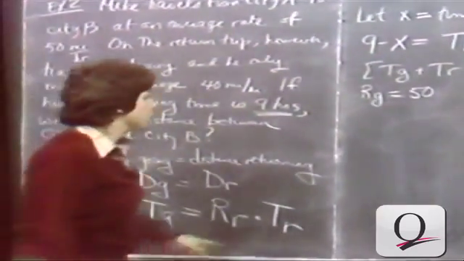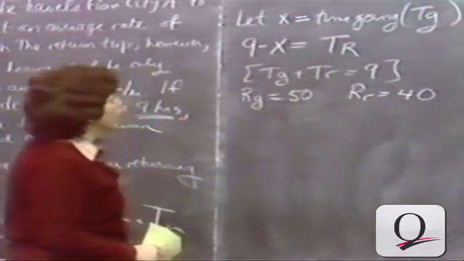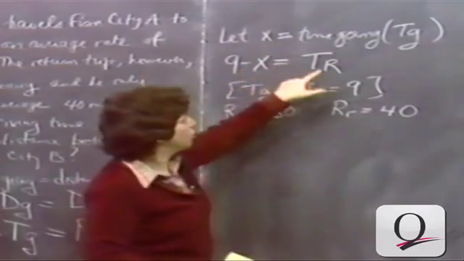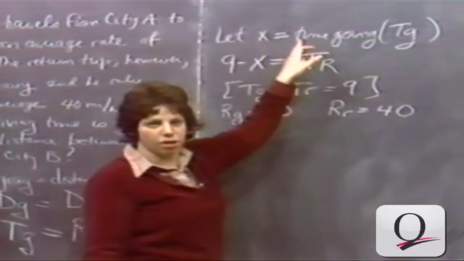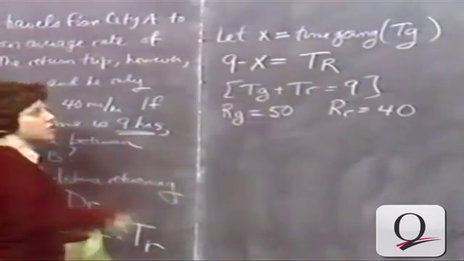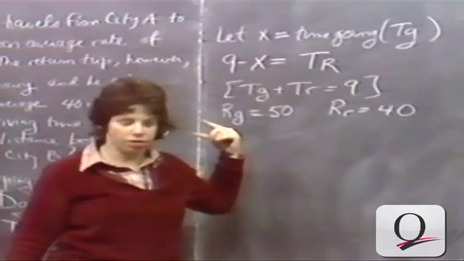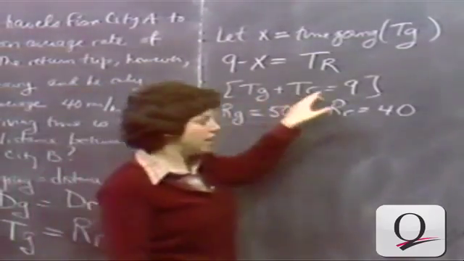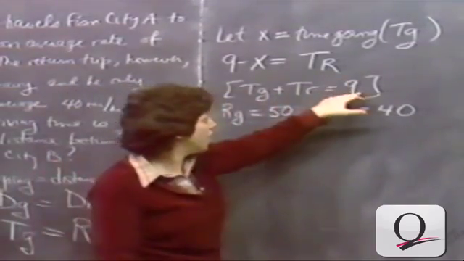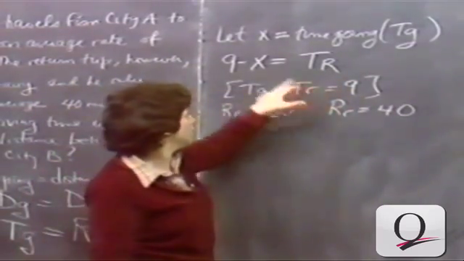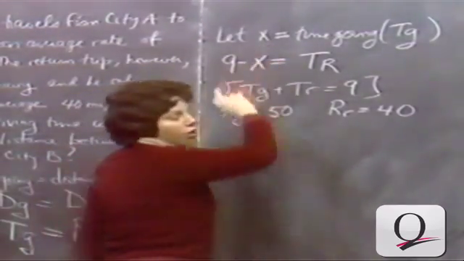For example, let's say it takes him 2 hours to go. Since the round trip is 9 hours, the return trip must be 9 minus 2, or 7 hours. 2 plus 7 would be equal to 9. You subtract the 2 from the 9 to get the 7. And it's the same thing we're doing here, but with an unknown time going.